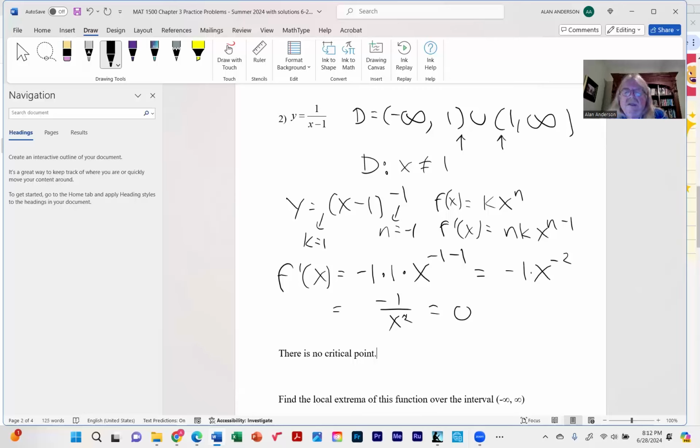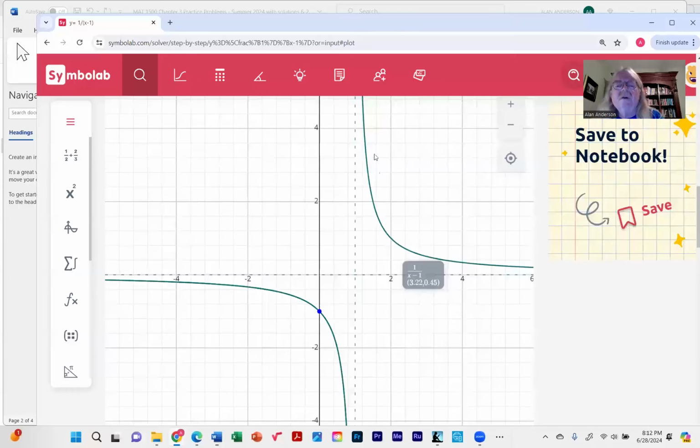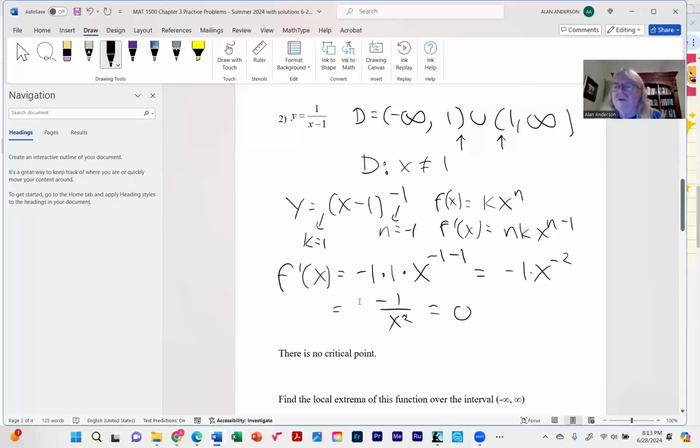And you can tell by looking at it. There is nowhere along this curve where the slope is exactly equal to 0. So there isn't going to be a critical point.